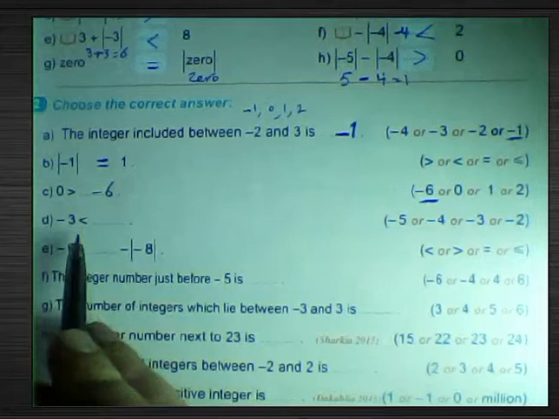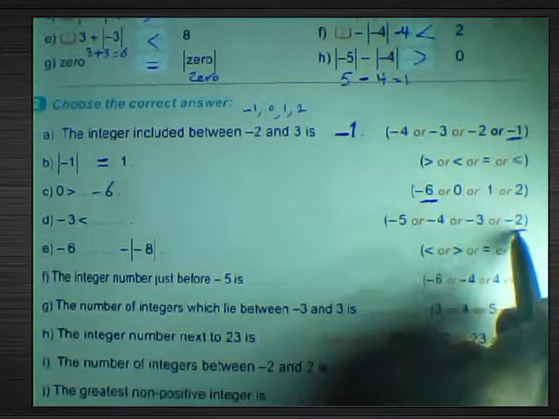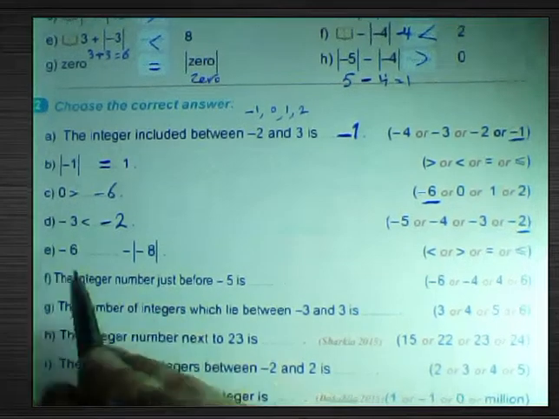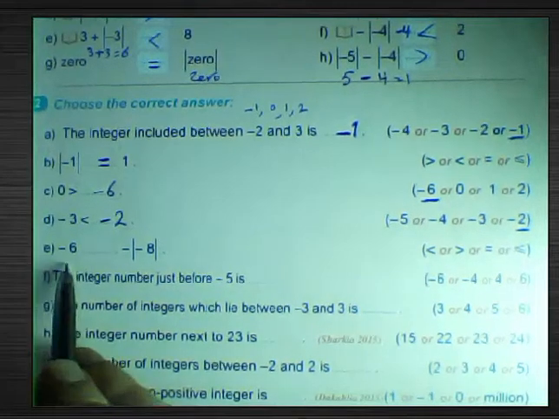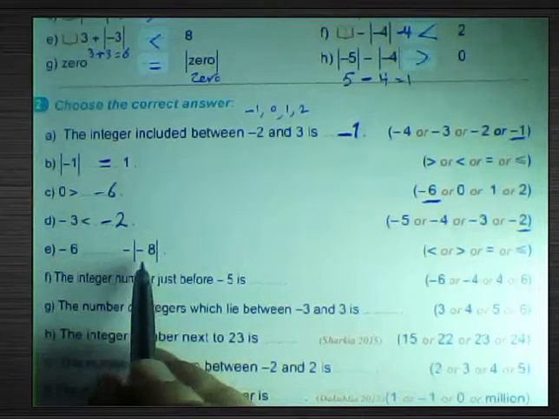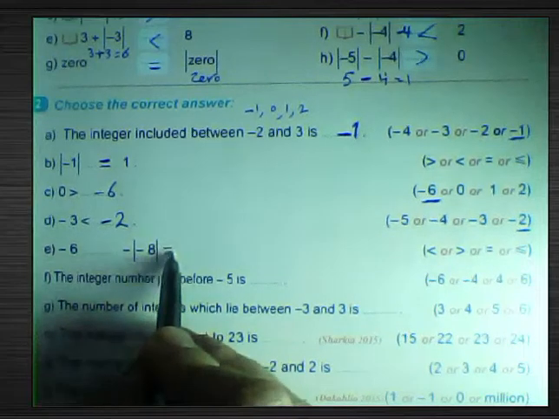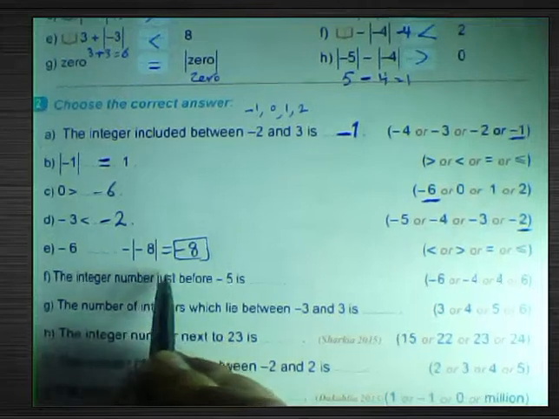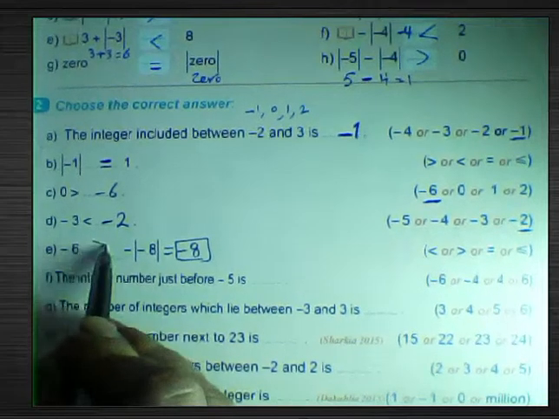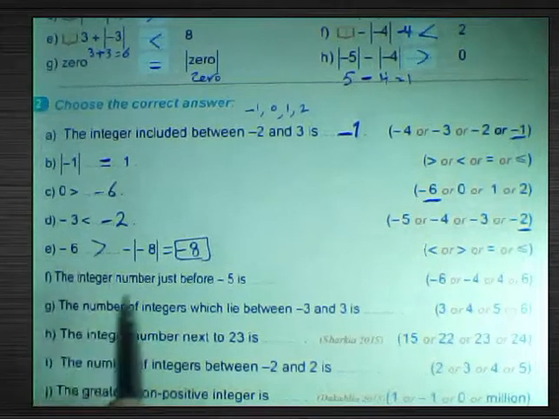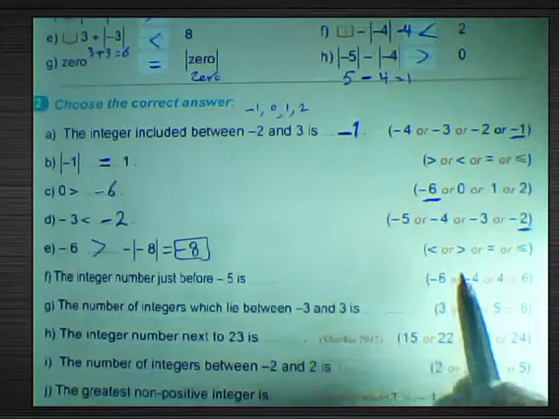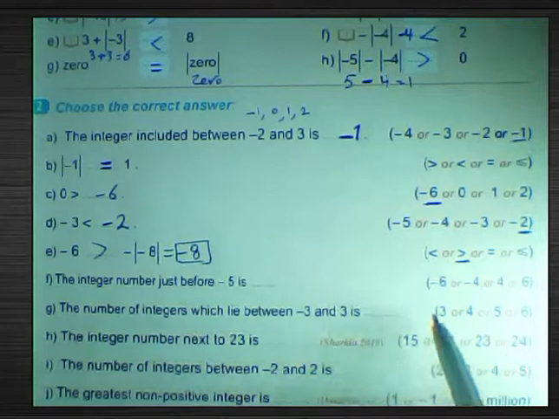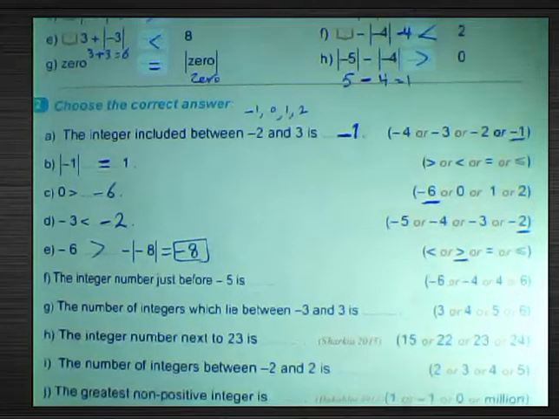Negative 3 is less than negative 2, because negative 2 is more than negative 3. Negative 6 and negative the absolute value of negative 8. The absolute value of negative 8 equals 8, so negative 8 is less than negative 6. So negative 6 is more than negative 8. So you must choose this sign, because negative 6 is more than negative 8.